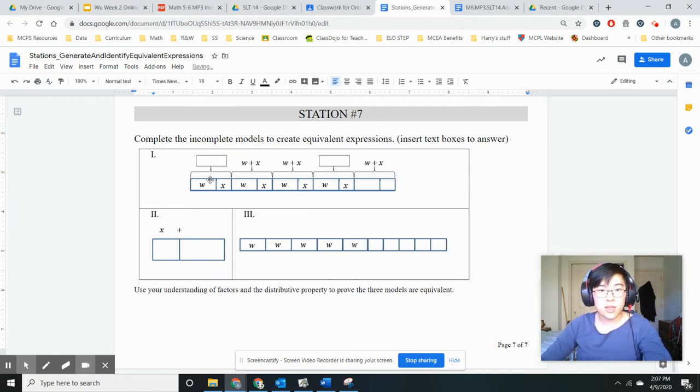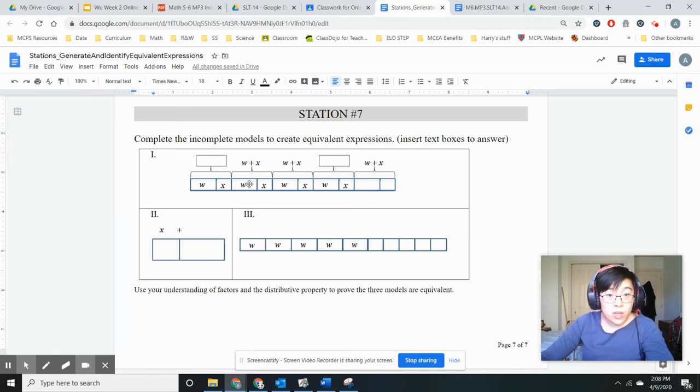Because just think, this would be W plus X because this is combining W and X. And you guys know this is W plus X as well because look at what is in it. And then this would be W because look at the pattern, and this would be X. And remember, these are all showing the same thing.